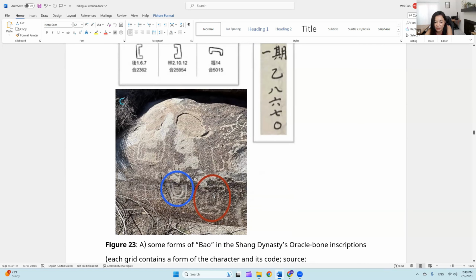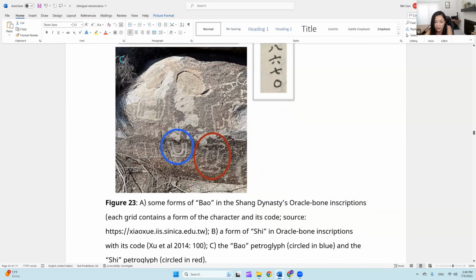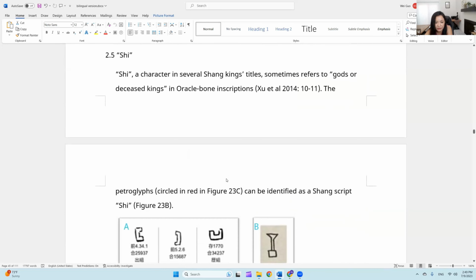Also, let's look at this one, the one circled in red. Shi. So Shi, I just mentioned earlier, a form of Shi that is a capital T, the same Shi, okay? And the capital T is a character in several Shang King's titles.